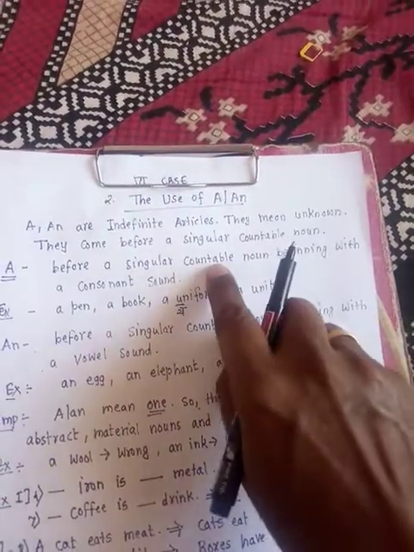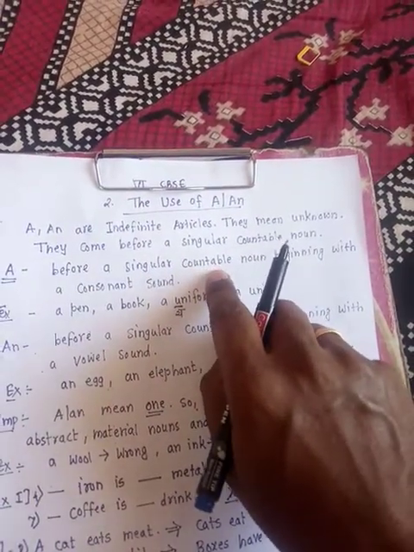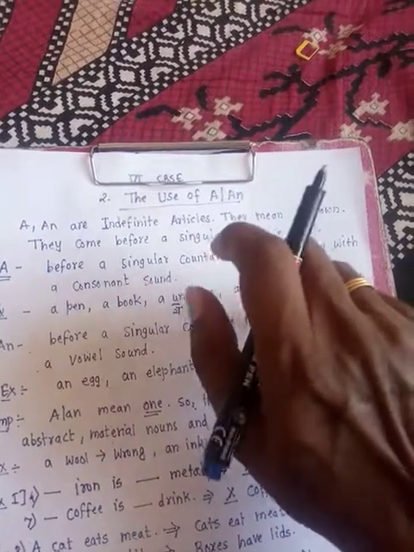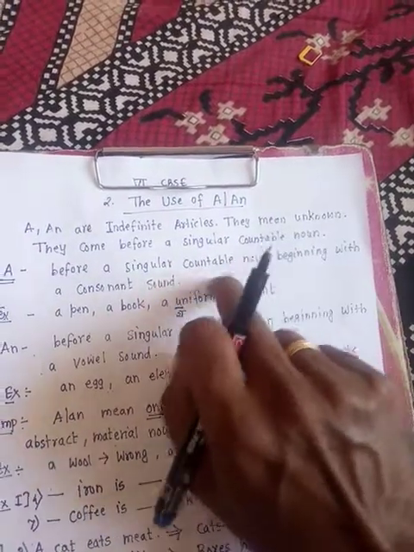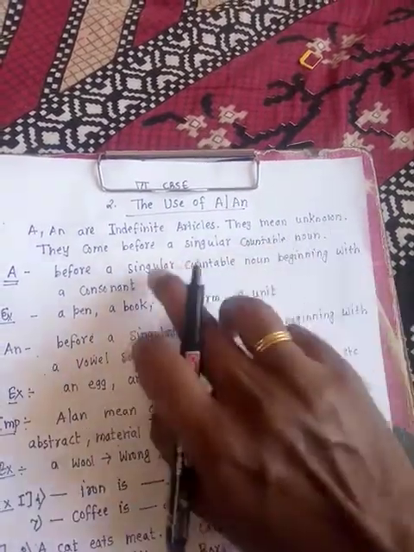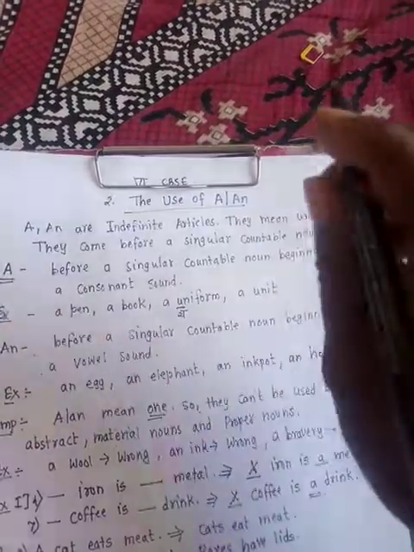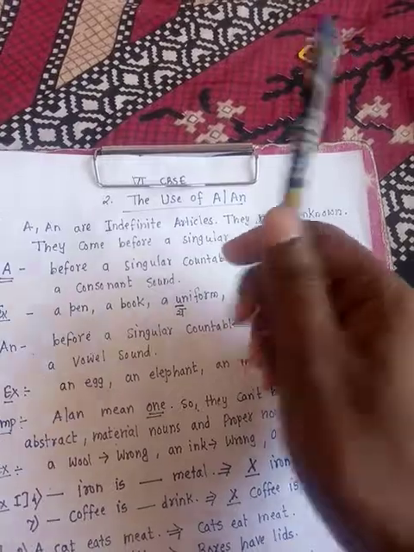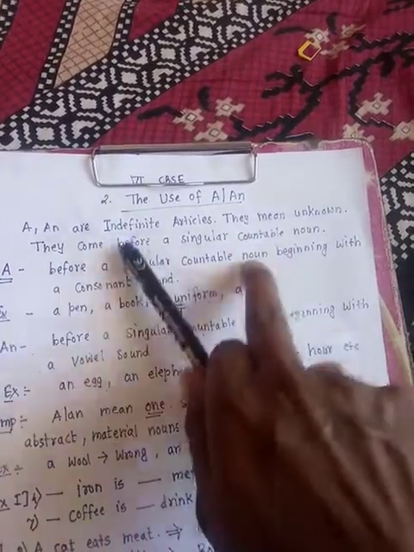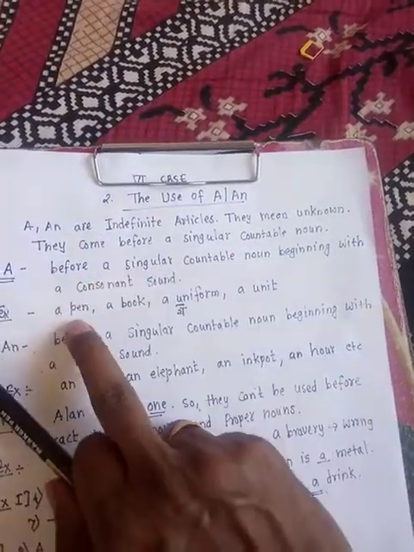It should be countable. If it is countable, suppose pens, can I use a before it? No, it should be singular. Pens means plural, so we can't use a with pens because a means one.